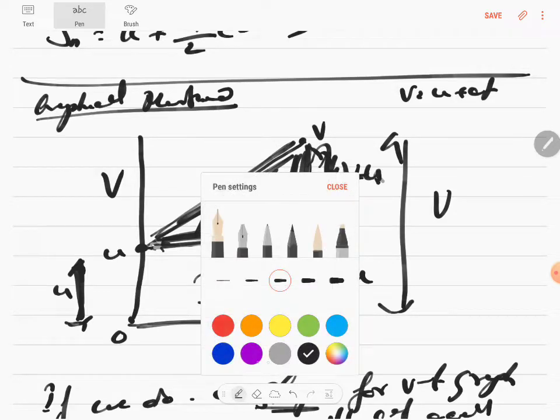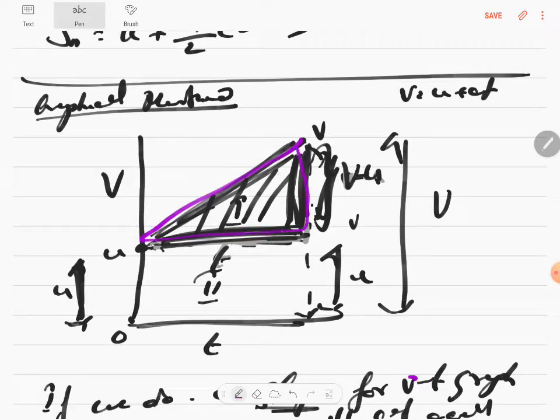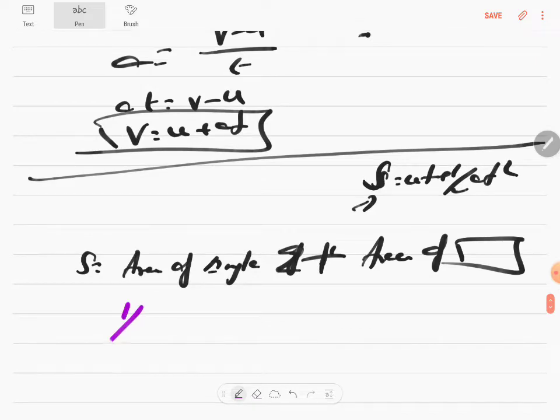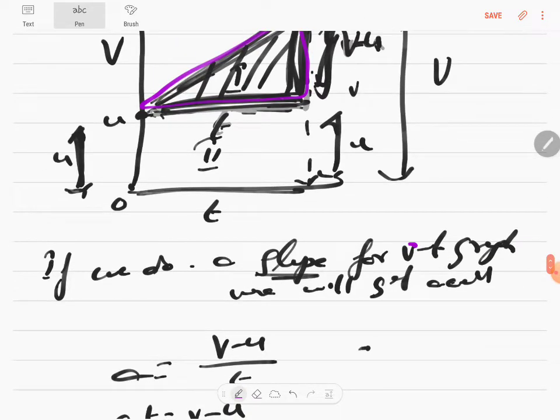So we take this triangle: half into t into v minus u, plus area of the rectangle. This is the rectangle, where the area of the rectangle is length into breadth, which is t into u. So ut.